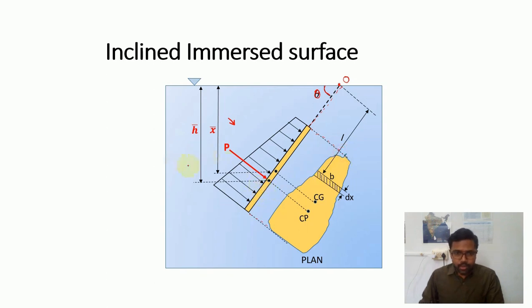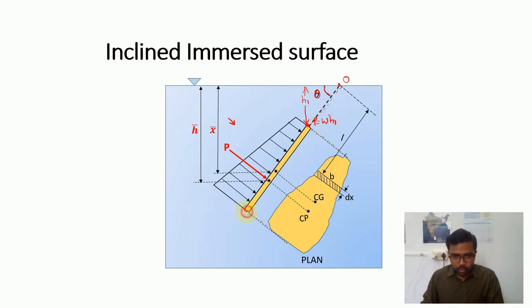Now see how the pressure distribution varies. This is the topmost point and this is the bottommost point of the inclined immersed body. These two are at different elevations, so the pressure distribution will also vary. At greater depths the pressure is high, and at lower depths the pressure is low. Suppose this is H1, then the pressure at this point is W into H1.